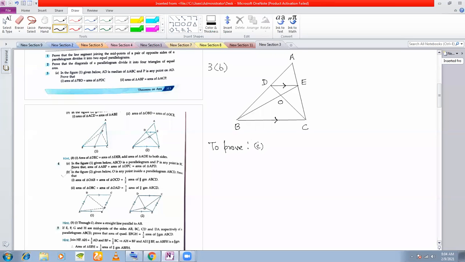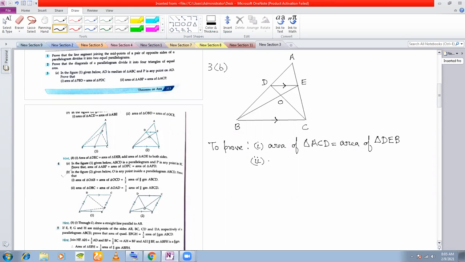First part is area of triangle ACD is equal to area of triangle DEB. This is the first question.